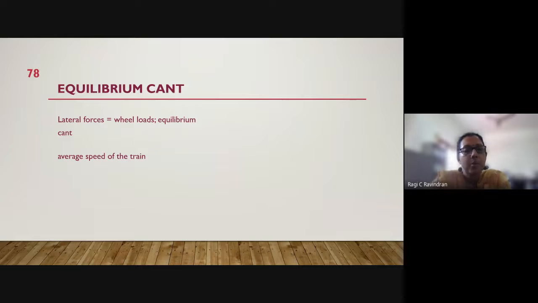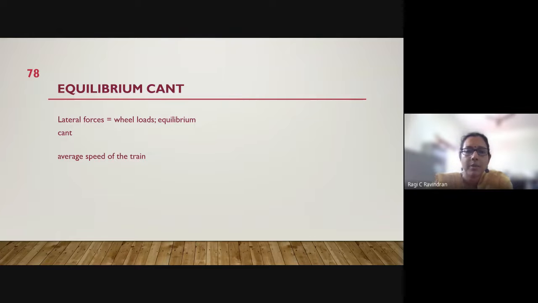Now let's move to equilibrium CANT. Till now we were discussing CANT or super elevation for your railway track. Now we need to know why we are providing this equilibrium CANT, or what is the need for it.